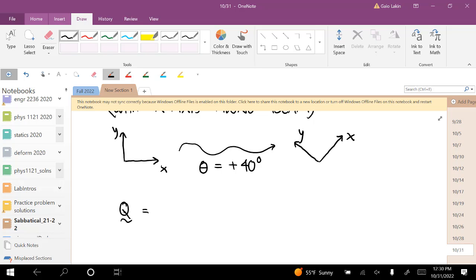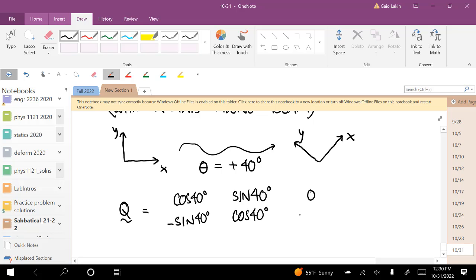So our rotation matrix is cosine of 40, sine of 40, 0, negative sine of 40, cosine of 40, 0, 0, 0, 1.